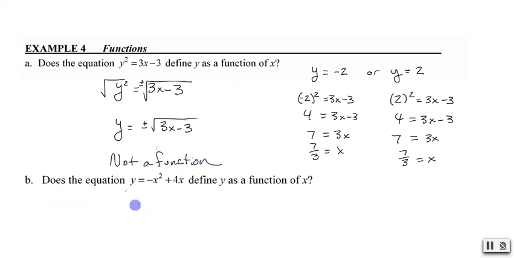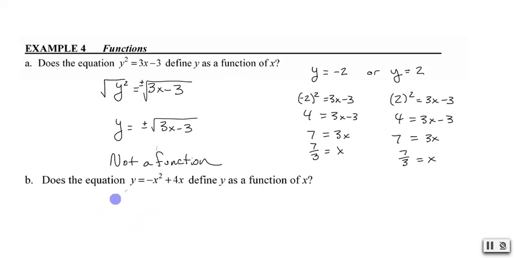On this equation, they want to know if the y is defined as a function of x. So it's a little different story than what we had before. It's already solved for y. Y is the opposite of x squared plus 4 times x. It doesn't matter what kind of an x you put in there, you're going to get a single y value for every x that you put in.